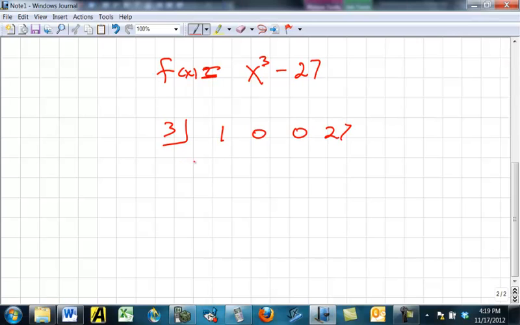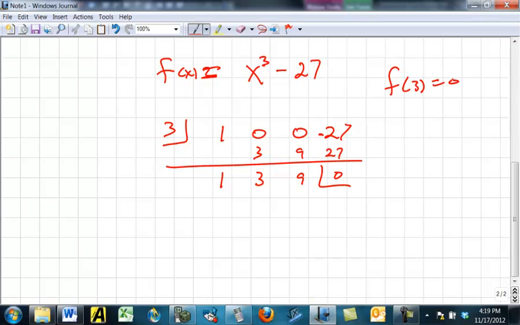Let's try 3. 1, 3, 3, 9, 9. This is negative 27. 27, 0. So we got a remainder of 0. So that says that f of 3 is 0, which of course we can do here, right? 3 cubed minus 27 surely is 0.